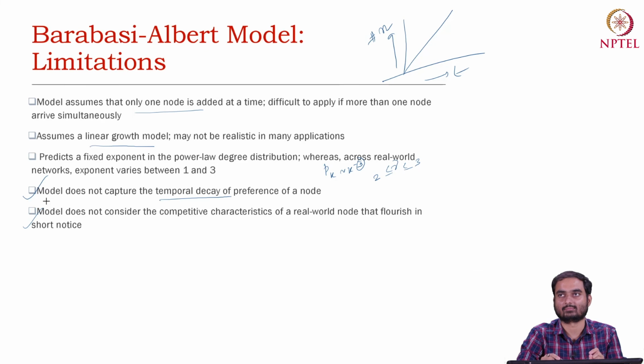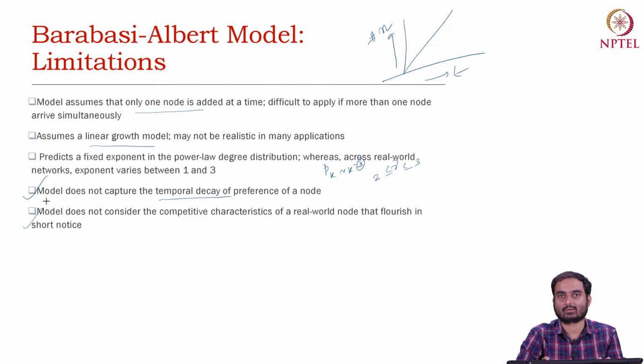Now, think of again a scientific research collaboration kind of system, where when a new scientist joins in, the scientist may be brilliant, and although he is young, he or she has the capability to compete with other researchers. Similarly, when a new movie actor or actress joins, he or she may have better performance ability.